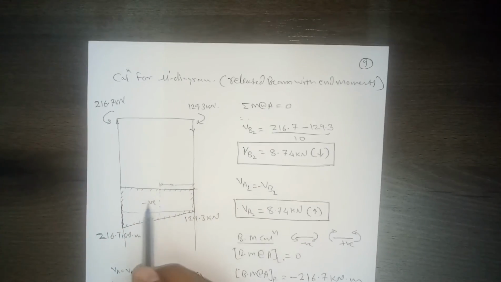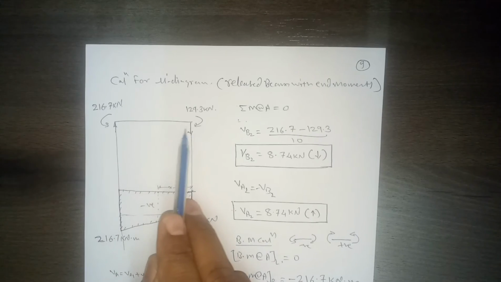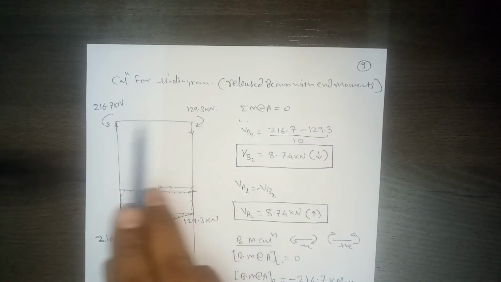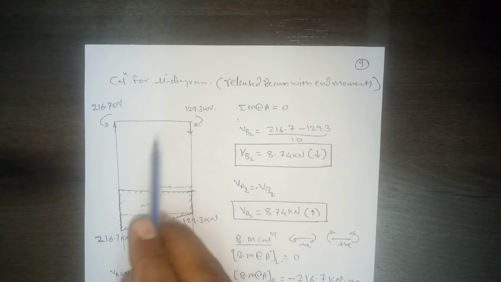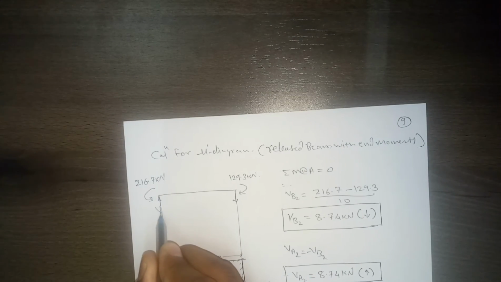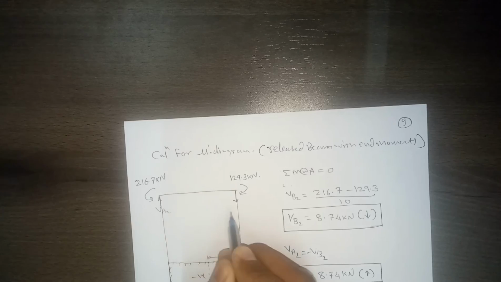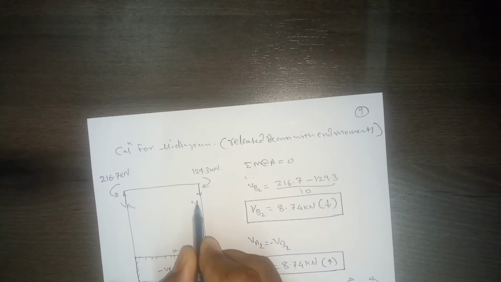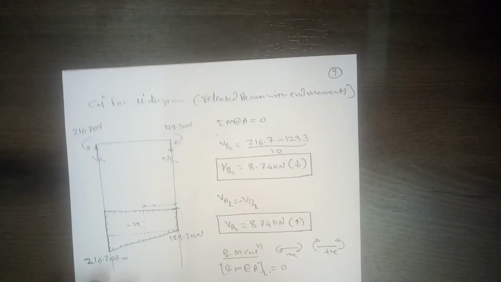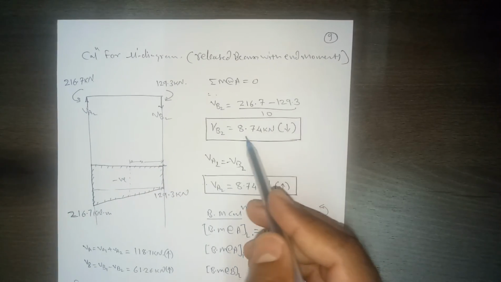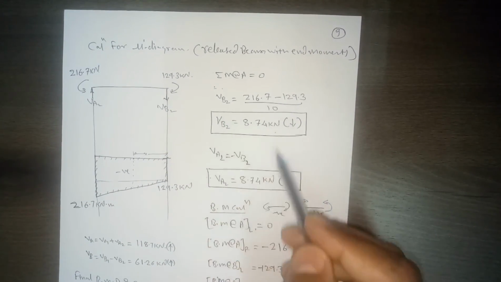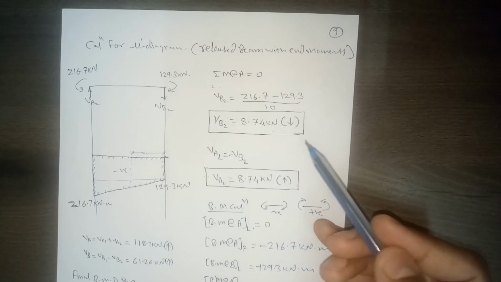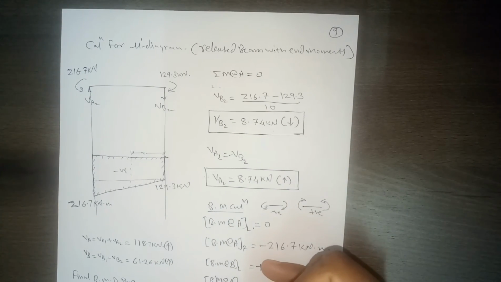Now for the Mu dash diagram, we'll consider this fixed sign, and if you remember, last time we got negative and positive, so I have written it directly with the proper sign. This will be VA2, this will be VB2. As such we don't need these because we are not plotting the shear force diagram.